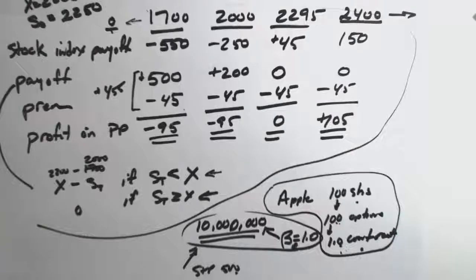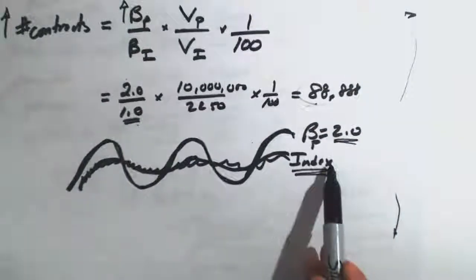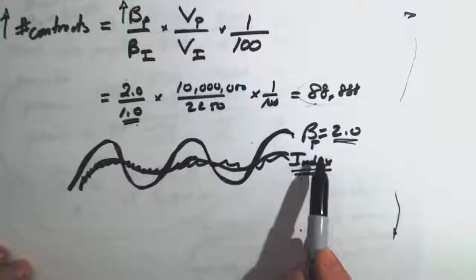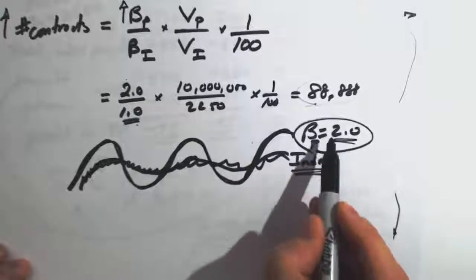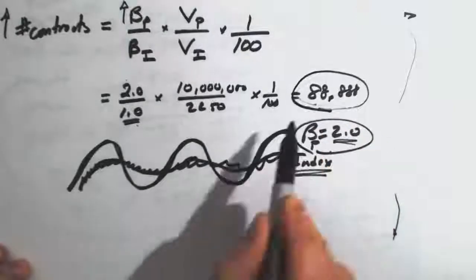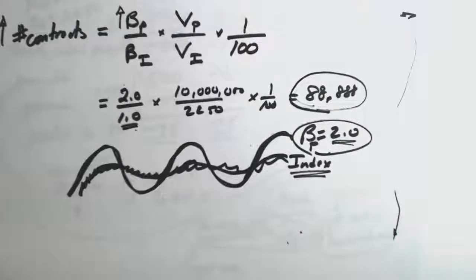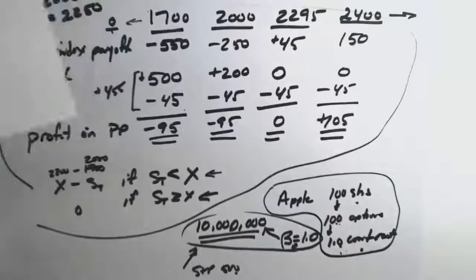But now the question is, how do we check this in aggregate? And that's where this analysis came in. When we check our work in aggregate to make sure that our $10 million portfolio is properly hedged, we need to reflect that the 2 beta means we have to reflect in our analysis the 88.88 contracts used to hedge.